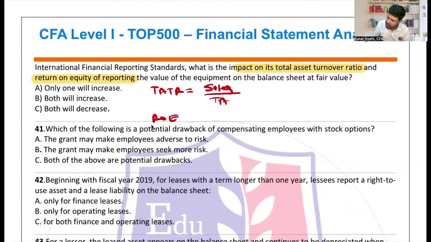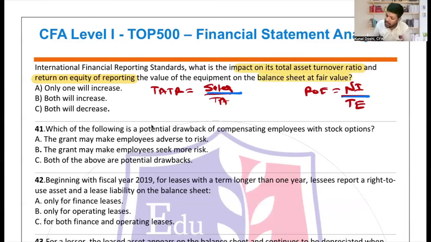My return on equity is net income over total equity. Now, let me tell you what the situation is here. They've asked me what is going to be the impact on these ratios, total asset turnover and return on equity, of reporting the value of equipment on the balance sheet at fair value.